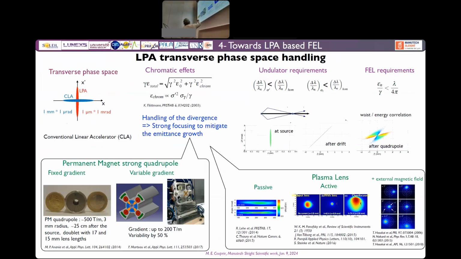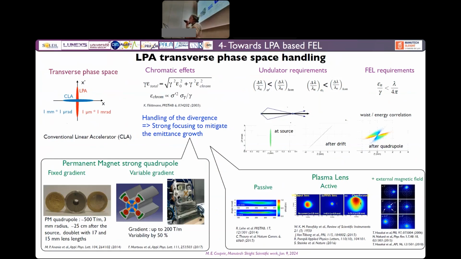So you see here we have a central quadrupole and then rotating magnets which enable us to vary the quadrupole field, so the focusing field, it's like a magnetic lens, by 50%. Or we can do this also with a plasma system, with a plasma lens, which could be passive or active by applying a magnetic field.